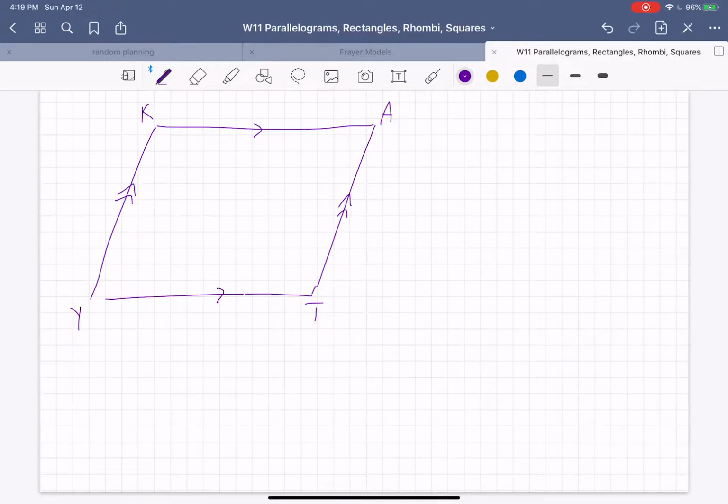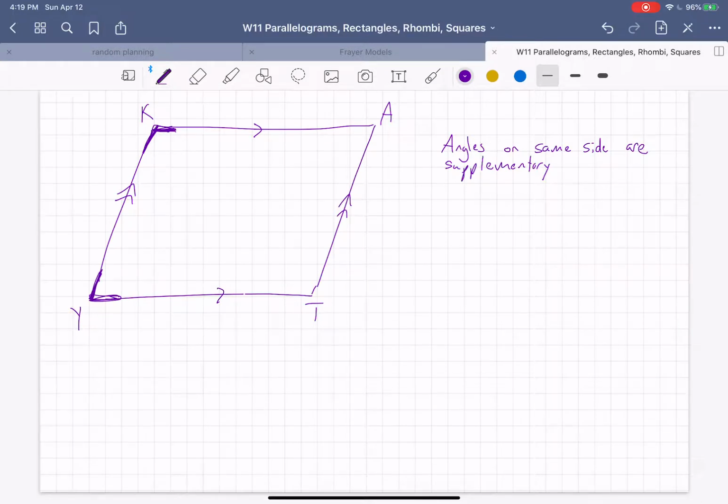Which means, just like with our trapezoid, our consecutive angles are supplementary. So same idea, right? We have parallel lines, so we can make the same side interior angles. So we know angles on the same side are supplementary. That's actually going to be our first property right away because we have those parallel lines.